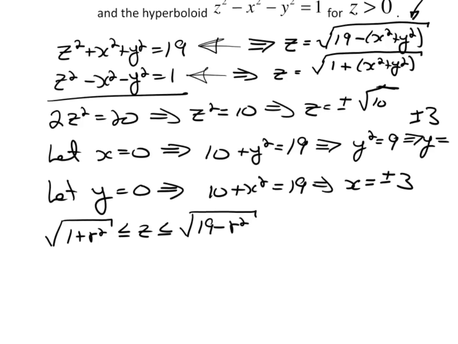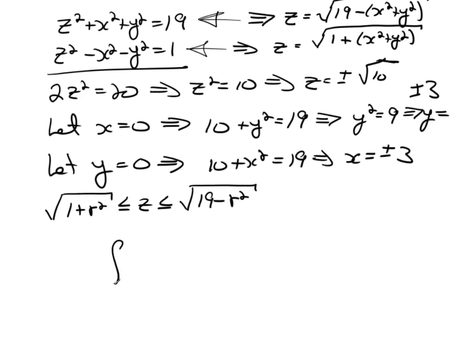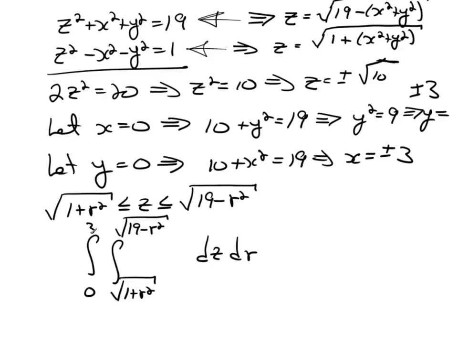So if I set up my integral with respect to z, I can go from the square root of 1 plus r squared to the square root of 19 minus r squared. That takes care of dz. And then dr, that radius, is going to go from 0 to 3. And then, of course, I need to think in terms of theta. Well, I'm going all the way around, so theta will go from 0 to 2 pi.